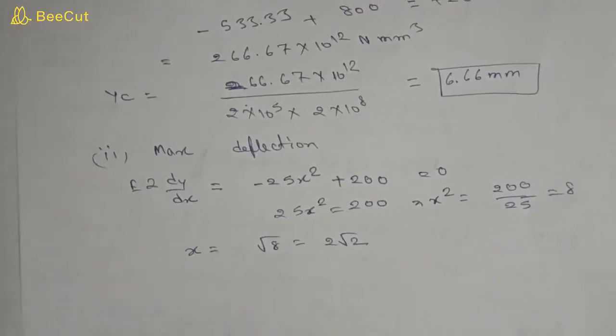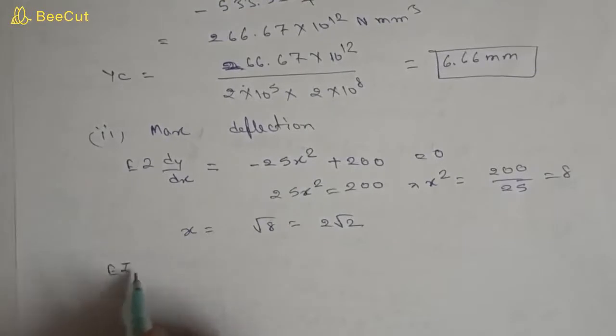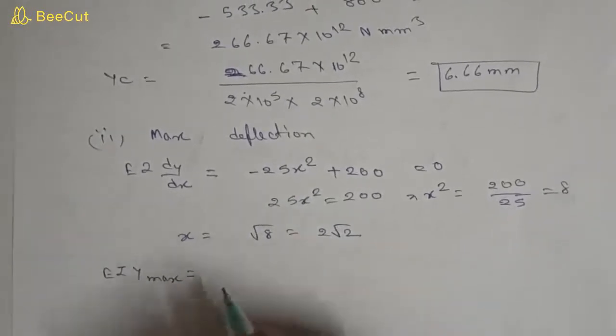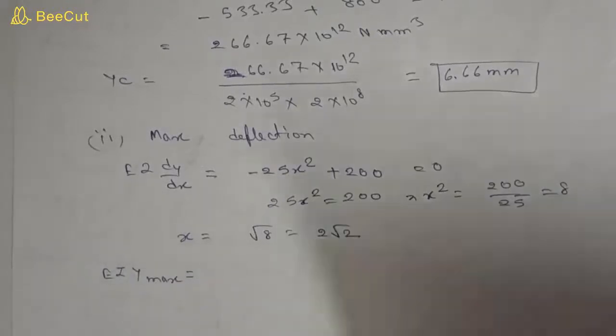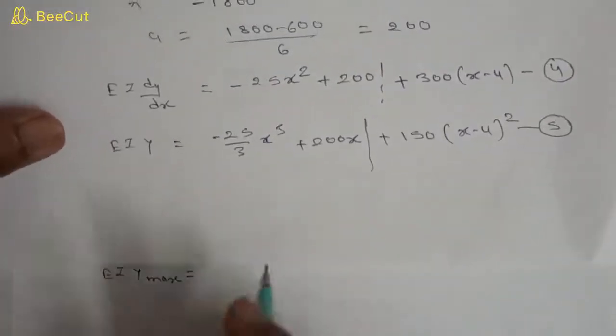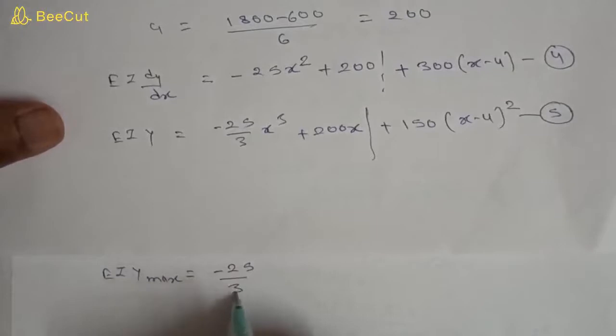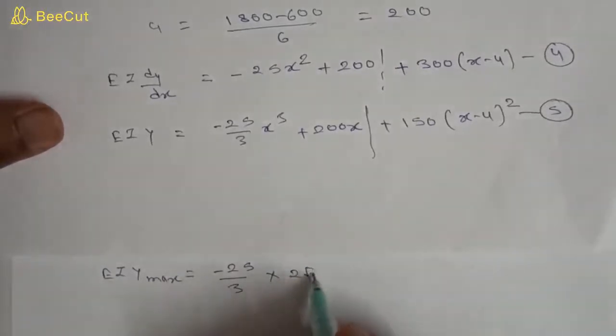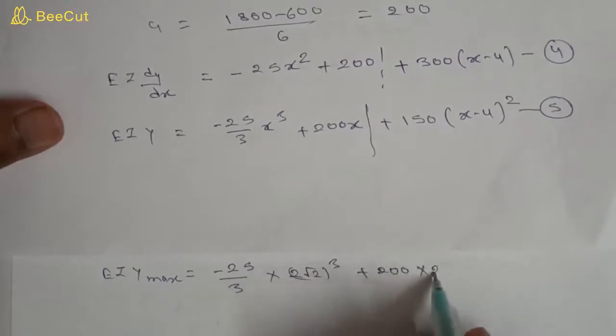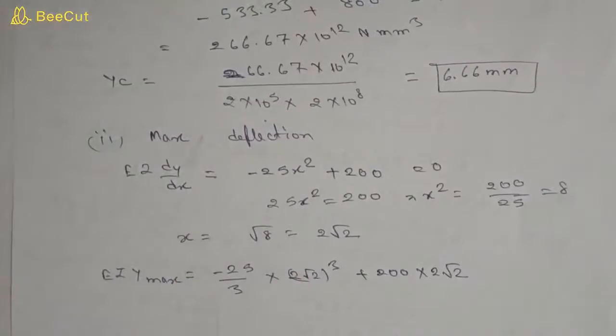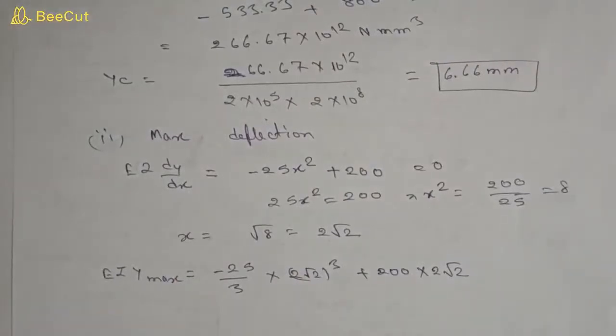And what will be the deflection? EIy max is equal to what we have in the deflection equation: minus 25 by 3 into (2 root 2) to the power cube plus 200 into 2 root 2. Now we will try to find the values of this.